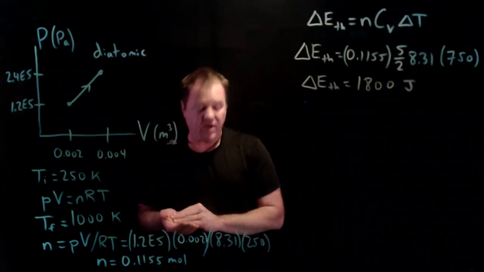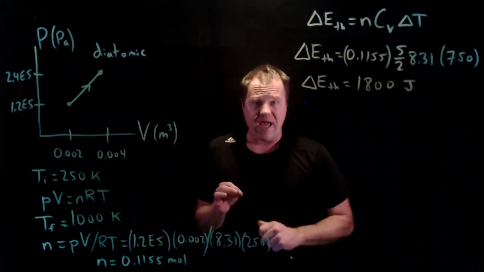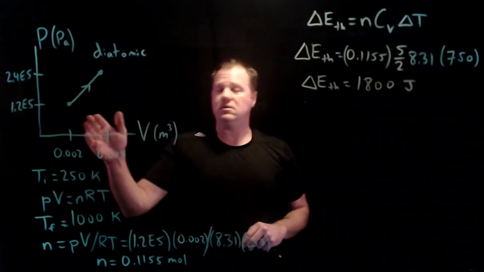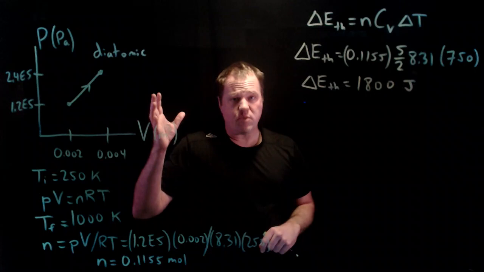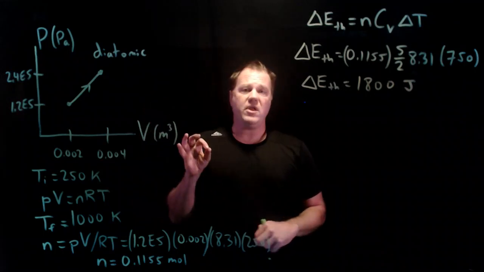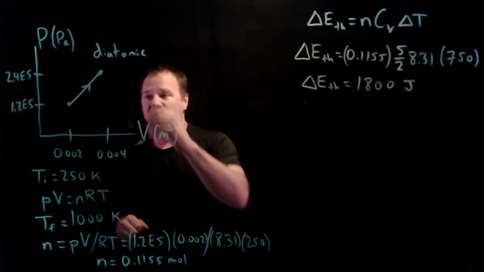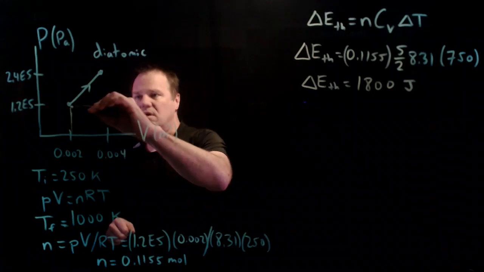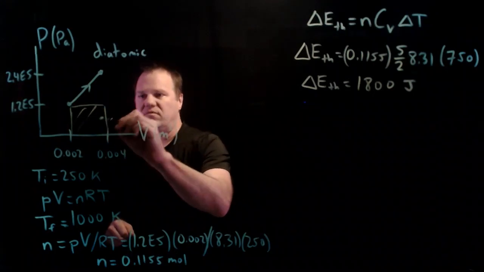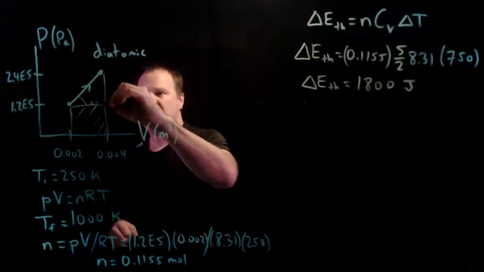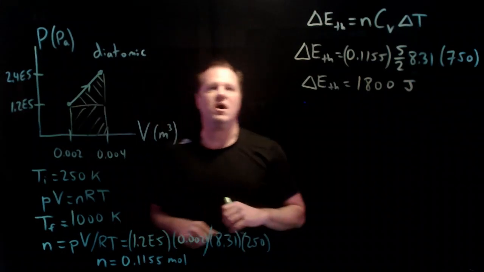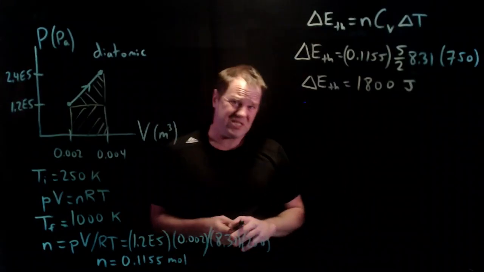Okay, so what's next? So now we can calculate work by looking at the area under this line. It could be a calculus problem if it was a curve, but if it's a straight line, which it is here, then we can just do the area of this rectangle plus the area of that triangle. And then we do need to think about signs.